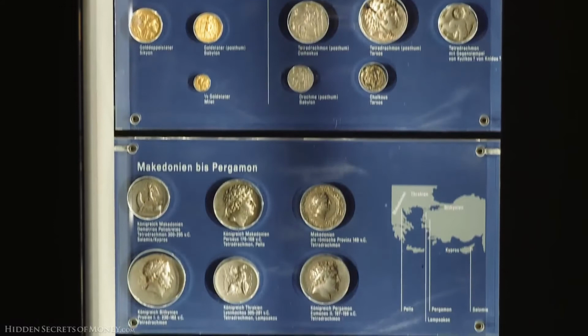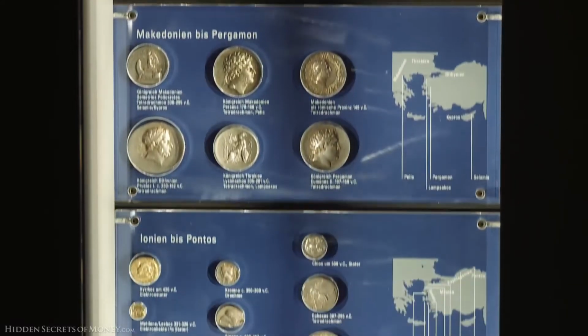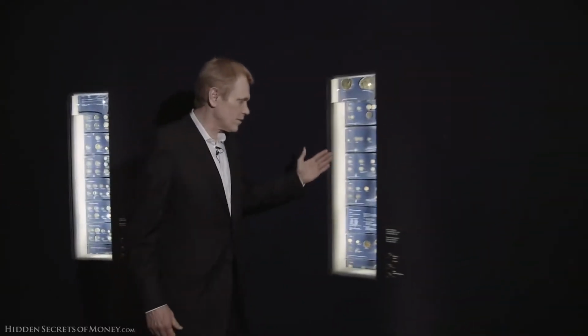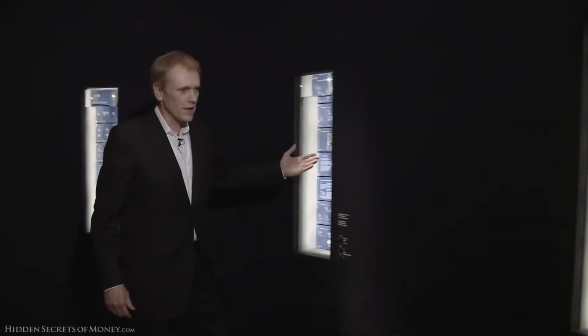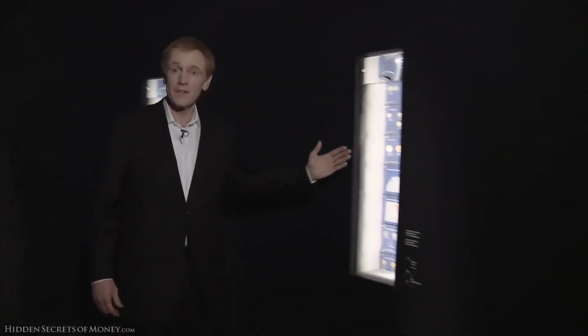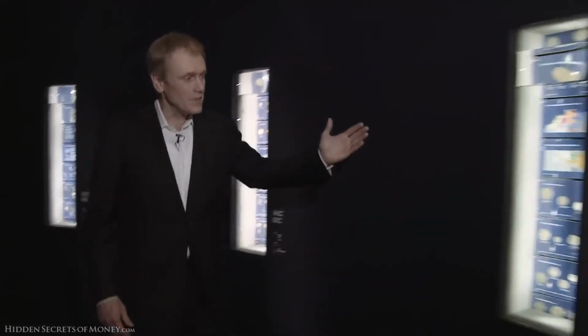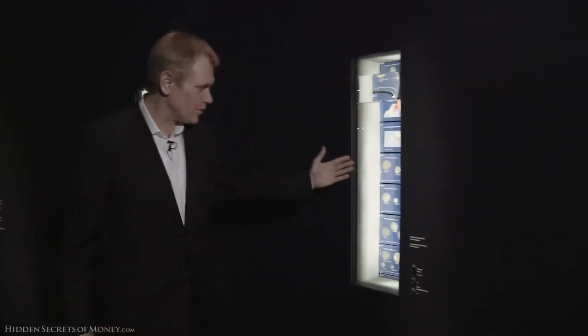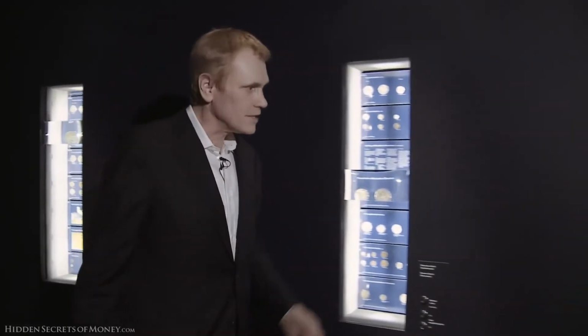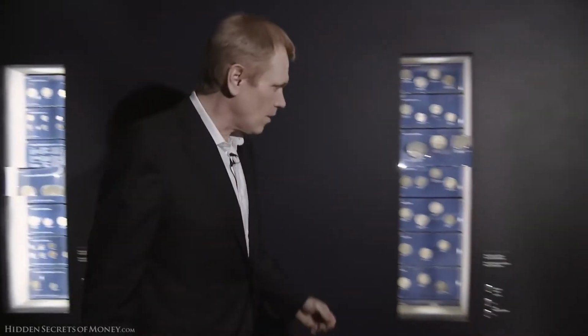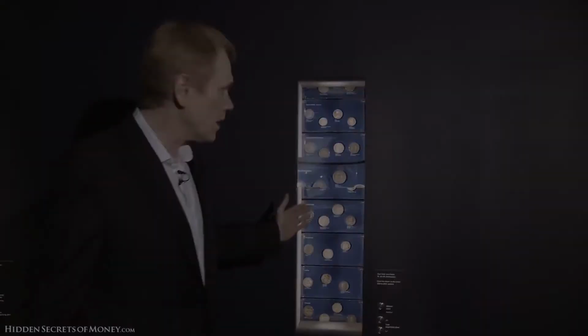So here we have starting in the 6th century BC, and then it goes up to the 3rd century, and then from the 5th to the 11th century, and the 13th to the 15th century. And these displays just go on with the history of real money, gold and silver. Here is 17th and 18th century. Here we come to the 19th century, and now we're all the way up to the 20th century here.